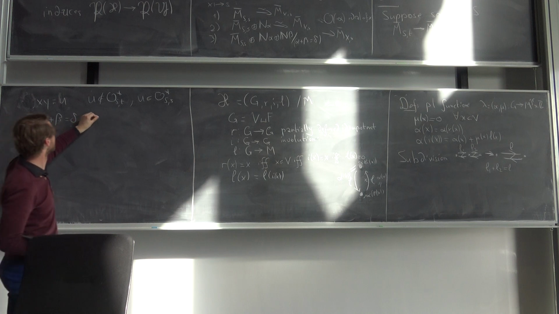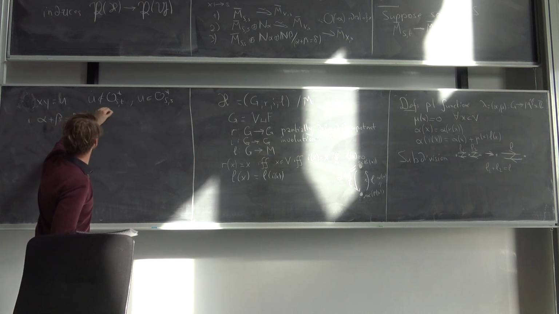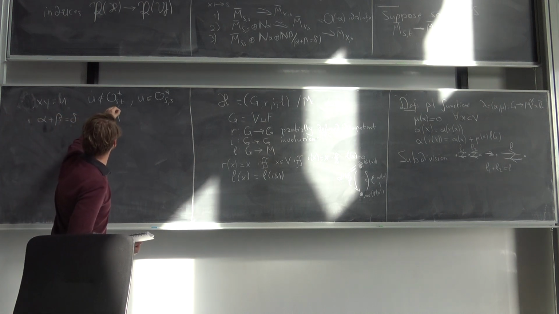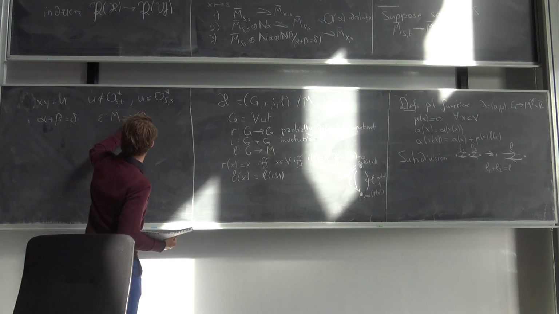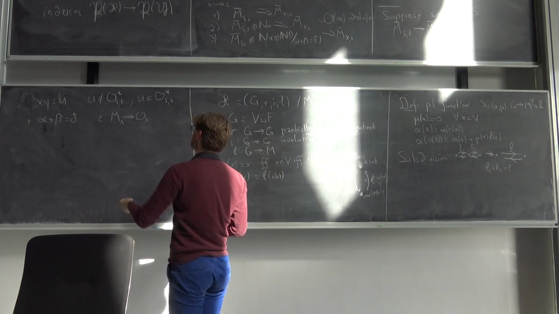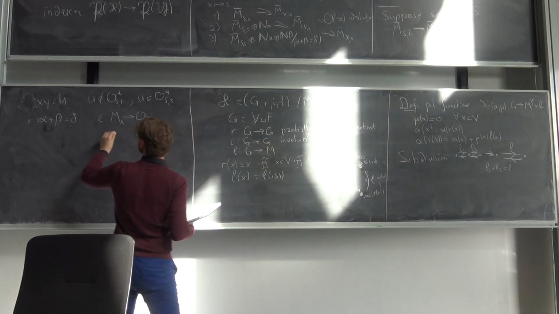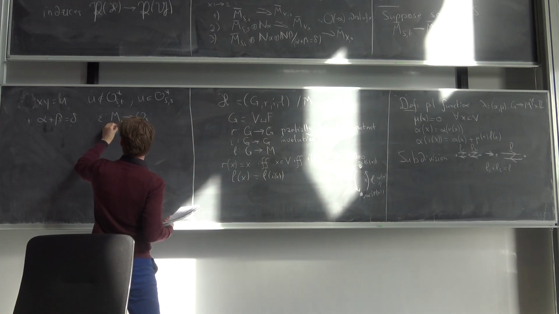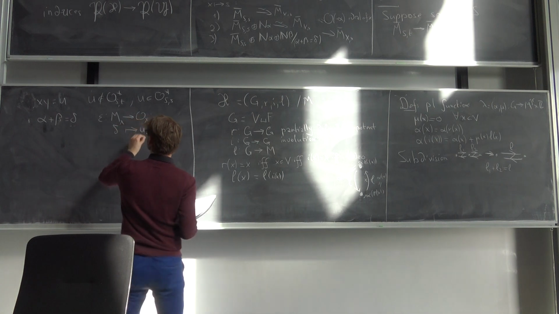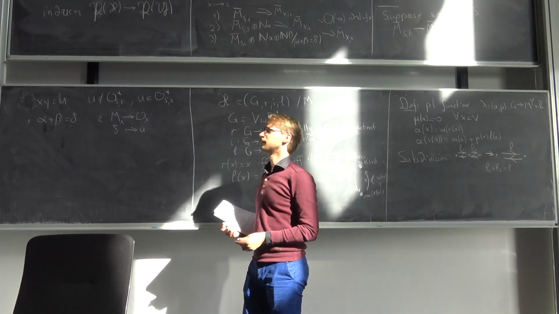So basically the map epsilon going from M to O, let's say M_x to O_x, should send delta to t to u, right?